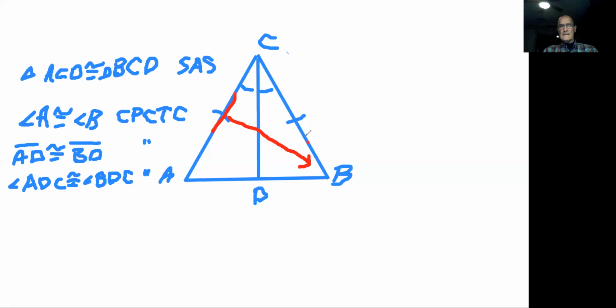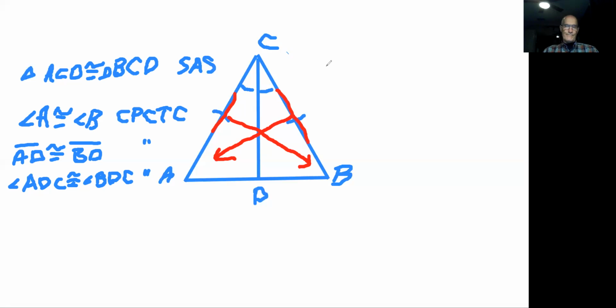And here's side BC, and the angle opposite side BC is angle A over here. So what the isosceles theorem says is, if I know AC and BC are congruent, then I know angle A is congruent to angle B. And the converse of the isosceles theorem says, if I know angle A is congruent to angle B, then I can say that side AC and side BC are congruent.